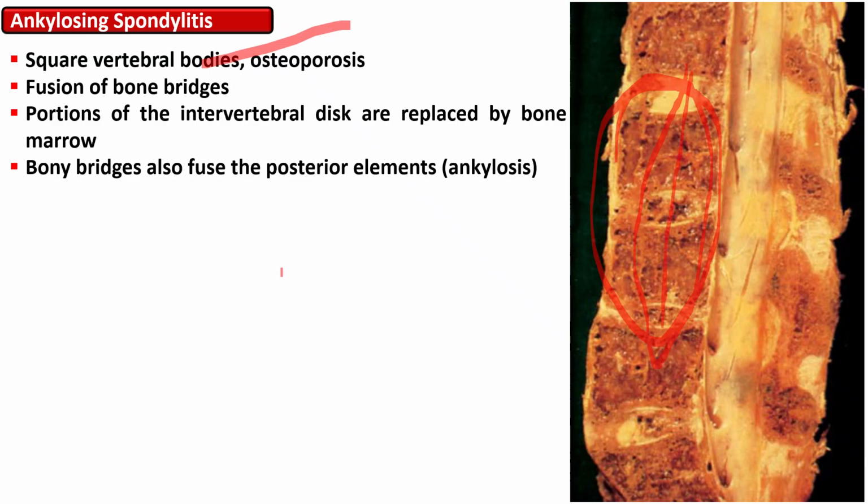Later, the intervertebral discs also ossify and disappear, and can be replaced by bone marrow. There is osteoporosis of the vertebral bodies due to disuse atrophy. Ankylosing spondylitis is a crippling disease, but there is no effect on lifespan.